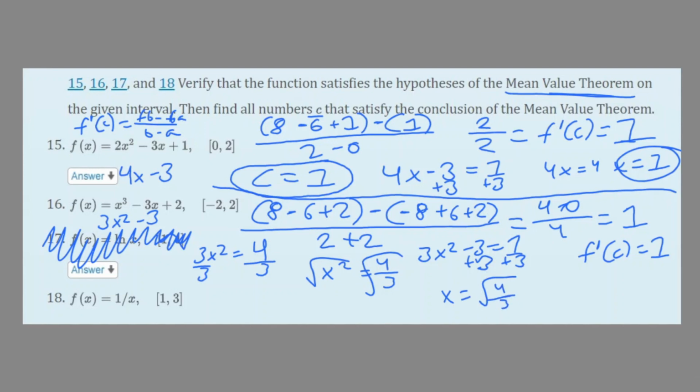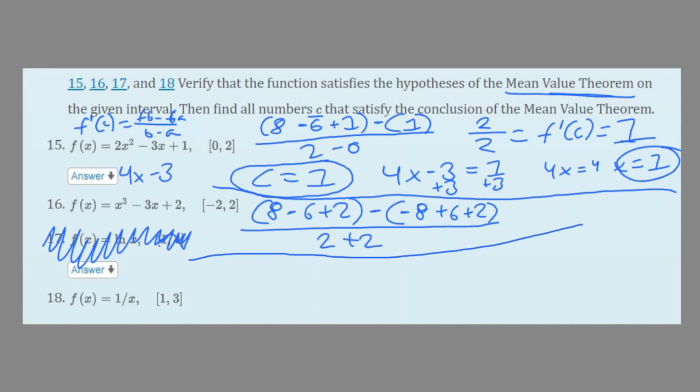And now this is actually plus or minus the square root of 4 over 3. So our c values are radical 4 over 3 and minus radical 4 over 3. So that is our c value for number 16 that satisfies the mean value theorem.